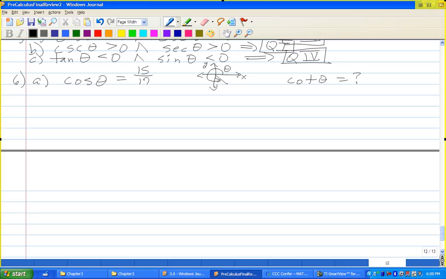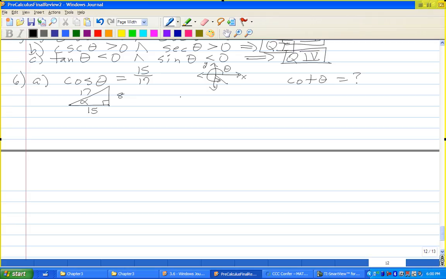Okay, so I have cosine 15 over 17. Was it 8? I don't know.